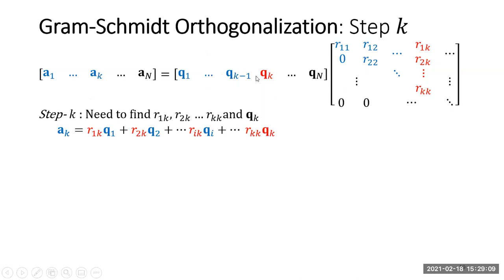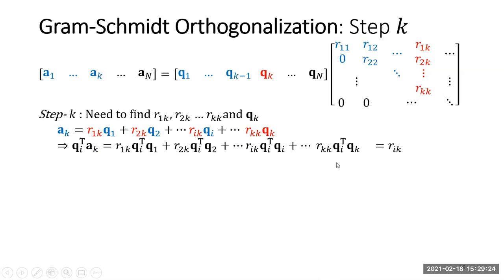Something here, all the way to the last one, which will be Rkk Qk. Remember that i is an index that's less than k. It's between 1 and k. Now, pre-multiplying both sides with Qi. Qi is any one of these Qs, Q1, Q2, Q3 until Qk minus 1. Any one of these known quantities.